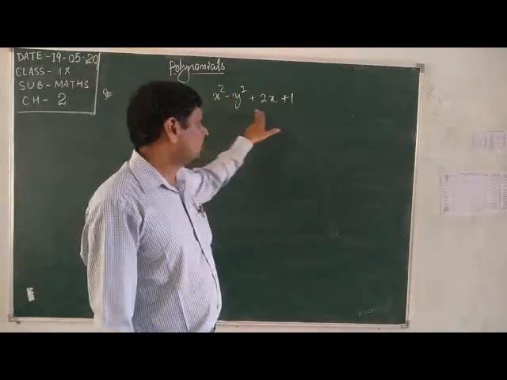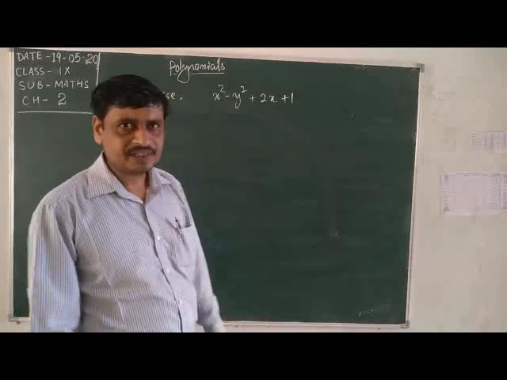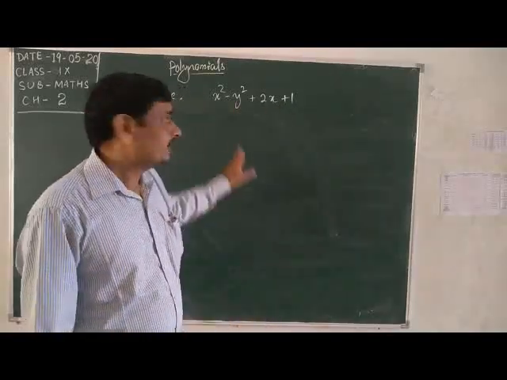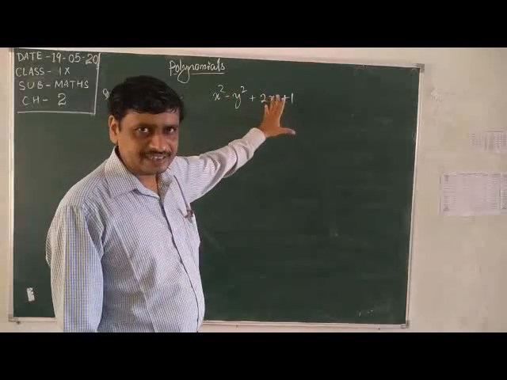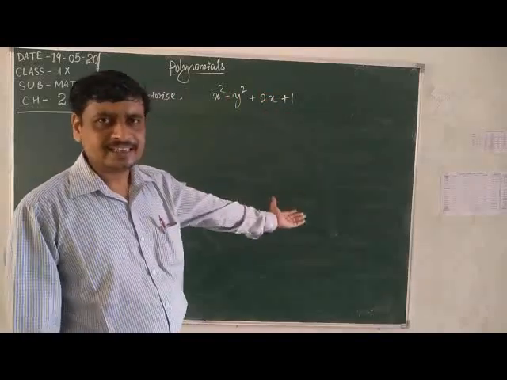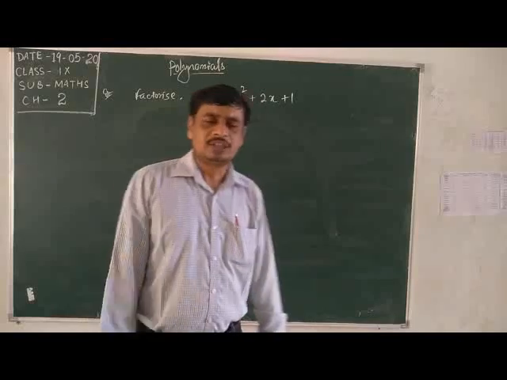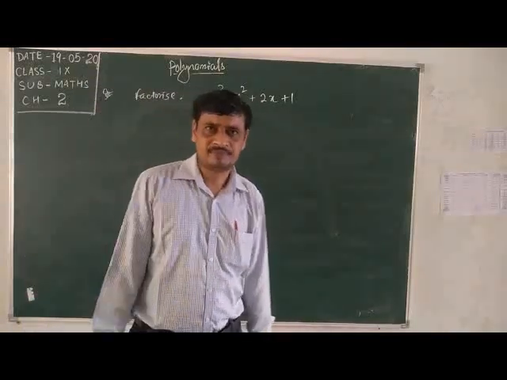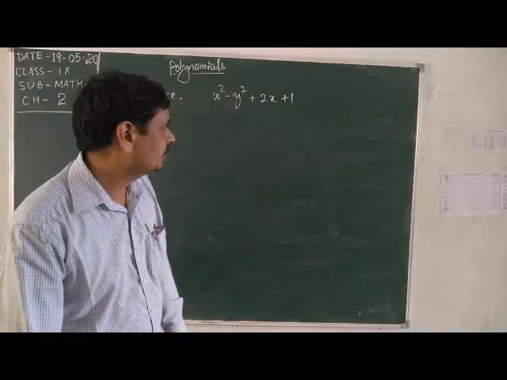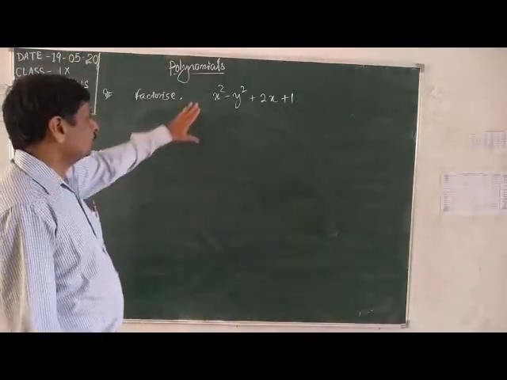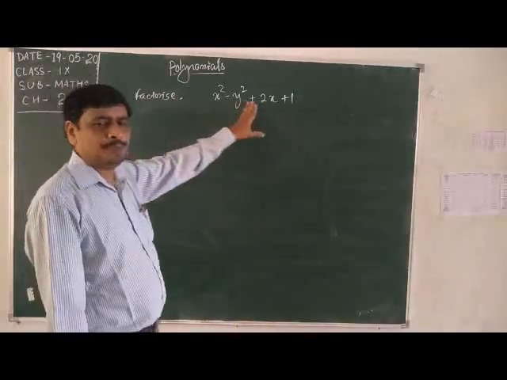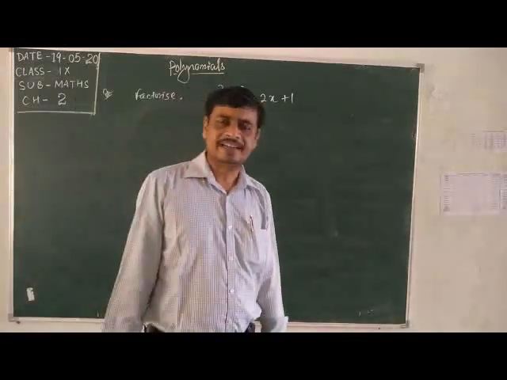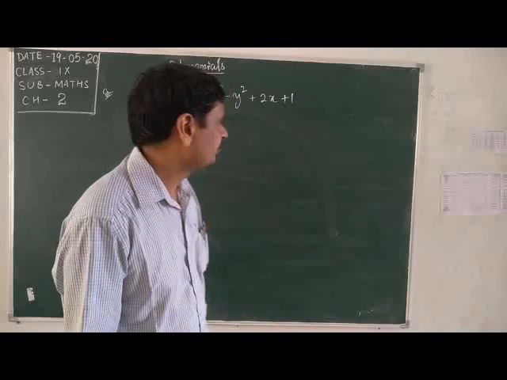Here, this polynomial contains 4 terms, and these 4 terms are joined with plus or minus sign. They are either in addition or subtraction. Here we have to express this polynomial in product form. That is factorization. To factorize a polynomial, we can use the algebraic identities.